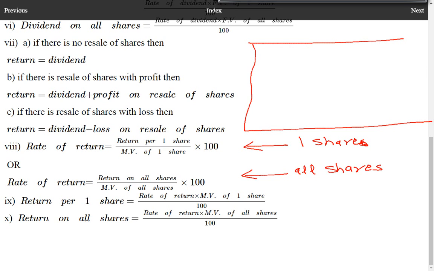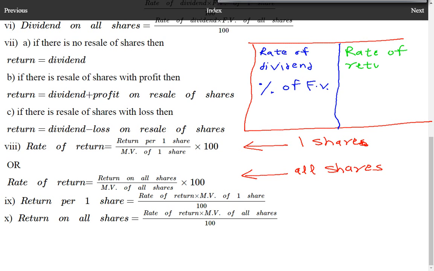Rate of dividend is always calculated as percentage of face value, whereas rate of return is always calculated as percentage of market value.